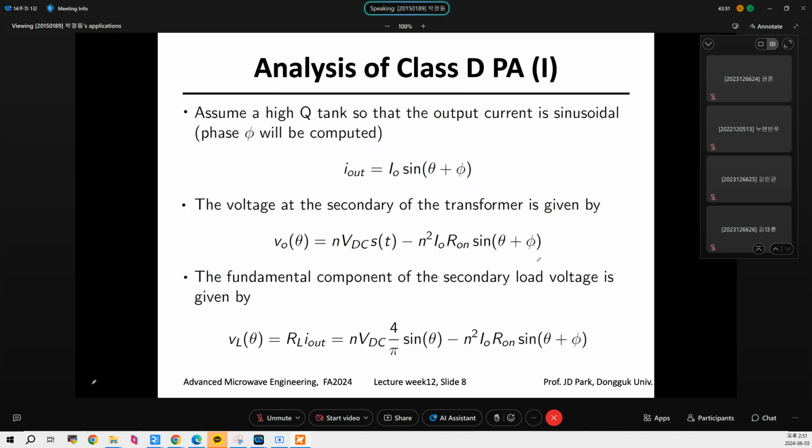Right. So let's take a more practical analysis. Let's assume a high Q tank so that the output current is purely sinusoidal. So I out is just I0 sine(theta plus pi). And the voltage at the secondary of a transformer, right?